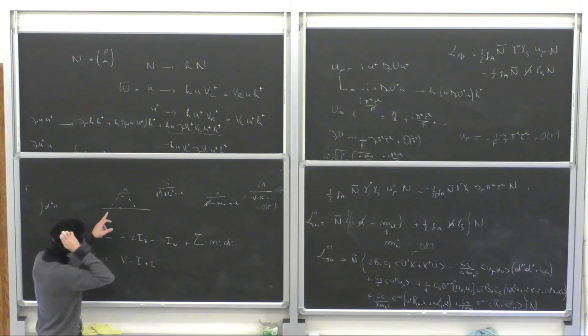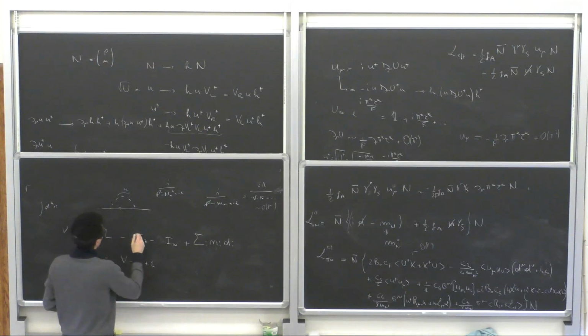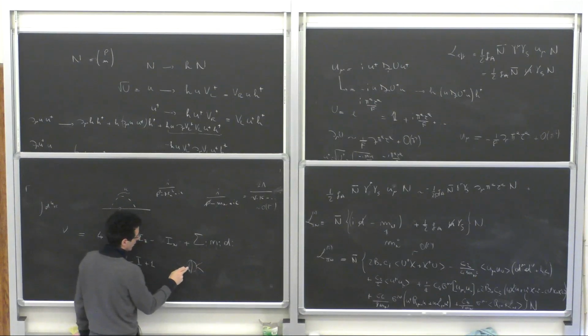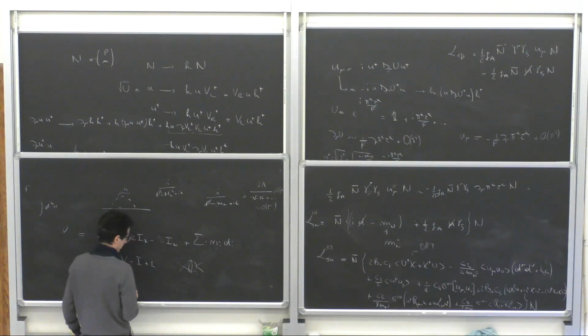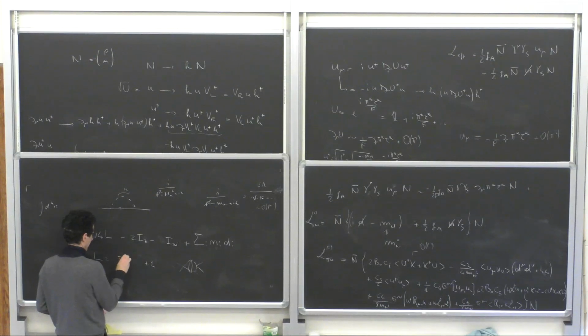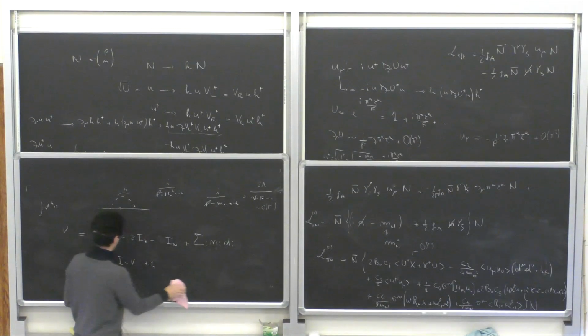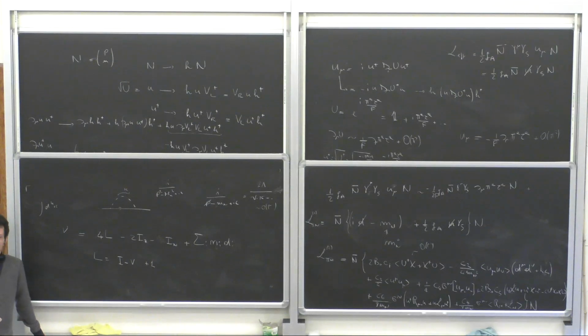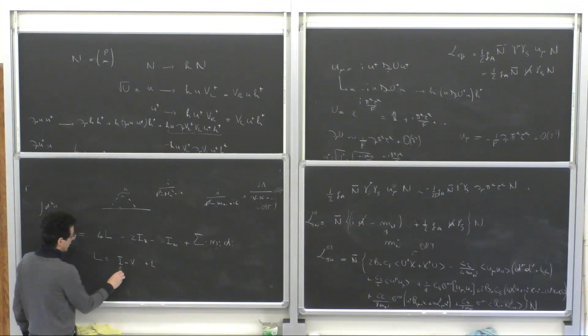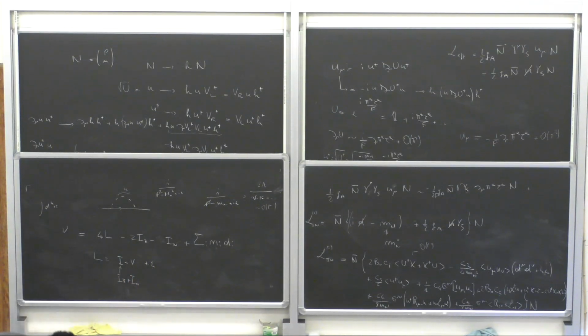For instance, in this case we can count the lines. I always forget: I minus number of vertices plus 1 is the number of loops. There is this topological relation relating the number of internal lines in a diagram with the number of loops and the number of vertices V. And this doesn't distinguish between internal lines of bosons or internal lines of fermions.